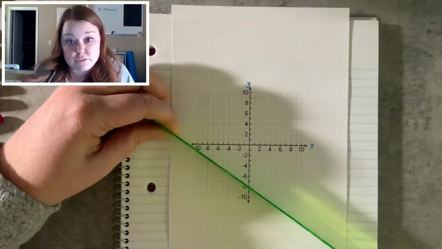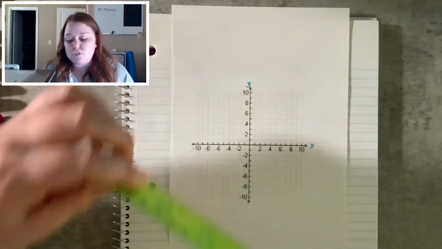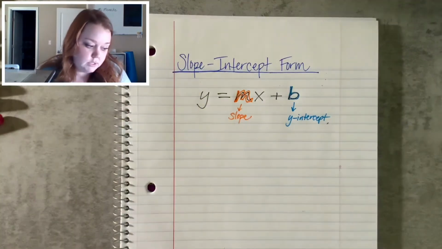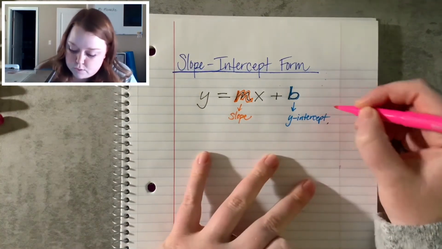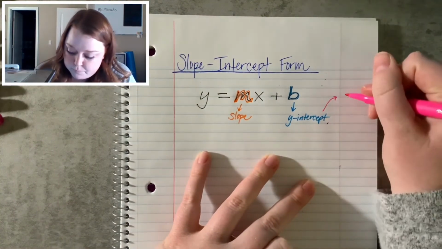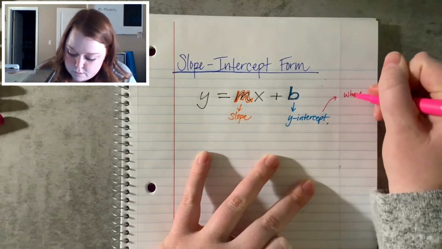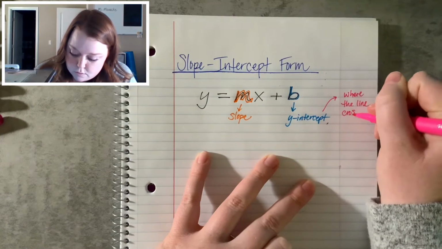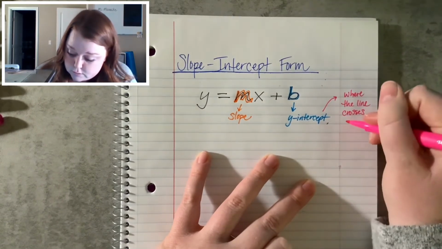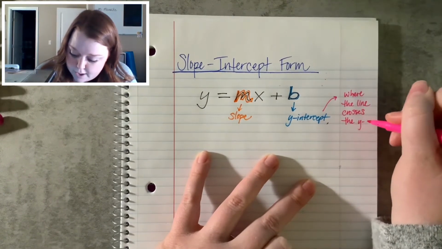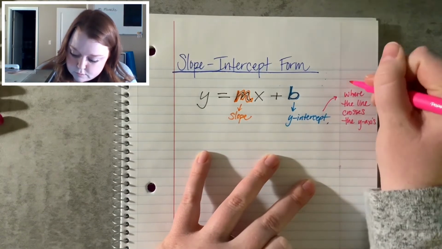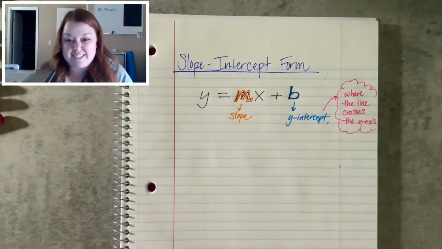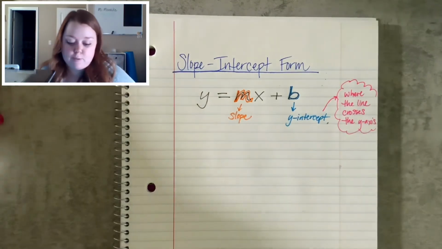So your y-intercept would be -8. That's what it means. The y-intercept is just where it crosses the y-axis. So let's write that off to the side: where the line crosses the y-axis. Intercept just means cross. Where does it hit the y-axis?